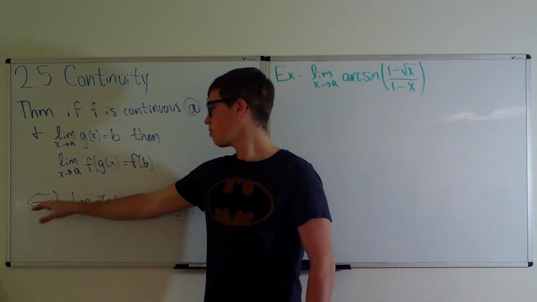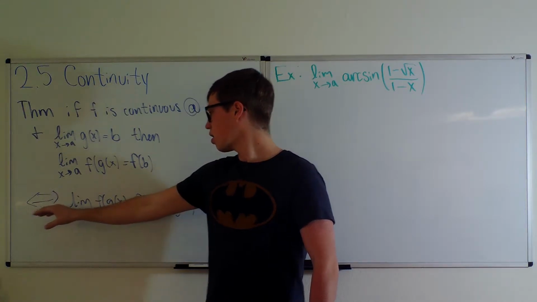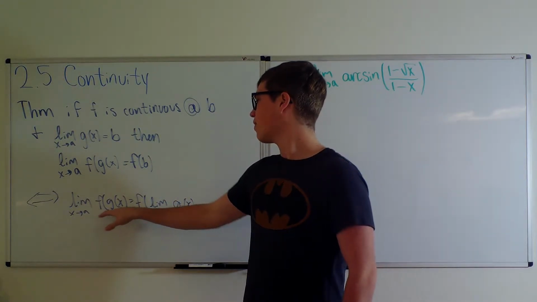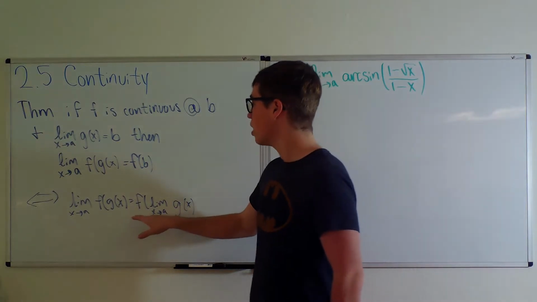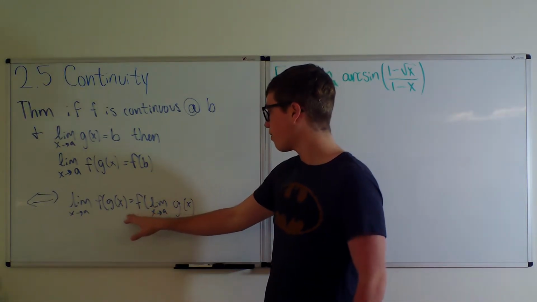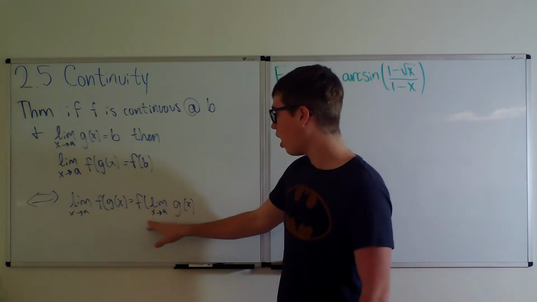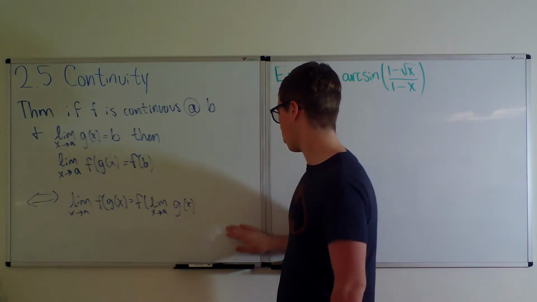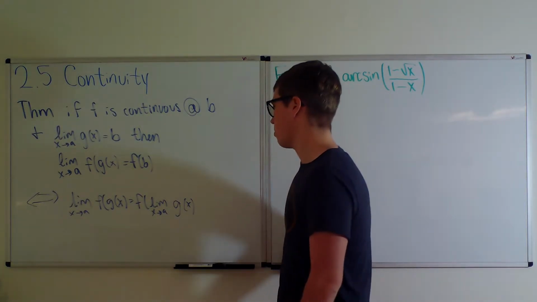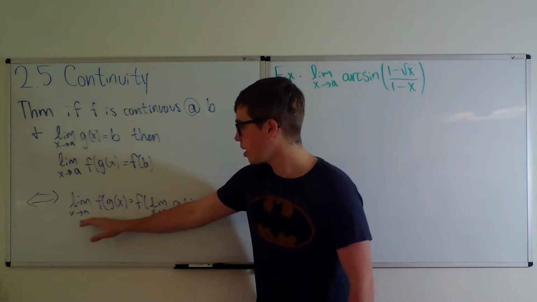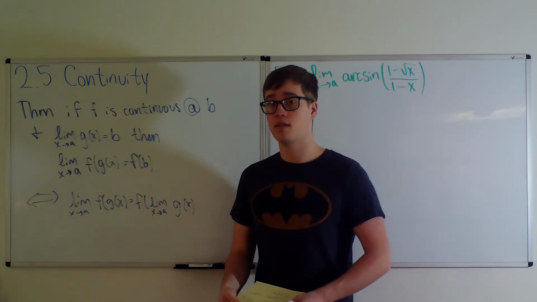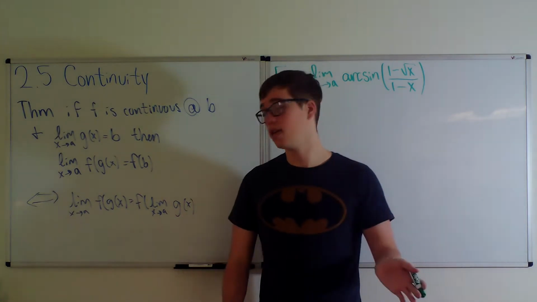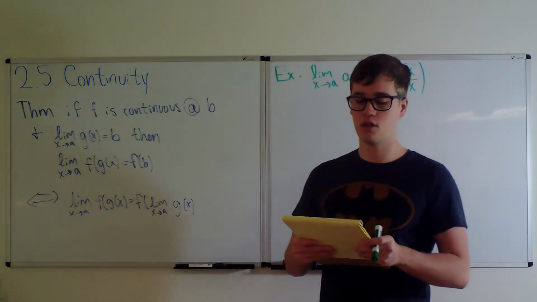This says the limit as x approaches a of f of g of x is equal to f of the limit as x approaches a of g of x. It's kind of weird to say out loud, but pretty much you take the limit of g of x, and then plug that limit you got, your b, into your f, and then you get f of b.